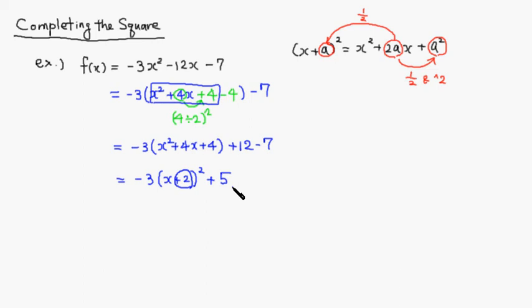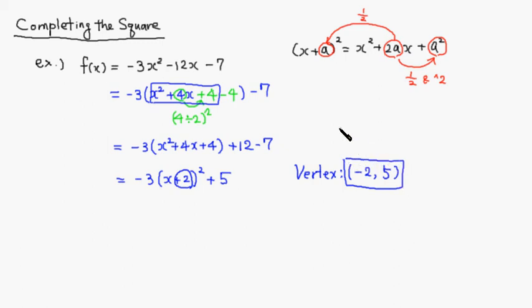So negative 2 will be the x coordinate of the vertex. We have to negate that number to get the coordinate. Plus 5 is just shifting upward by 5 units, so the vertex is (-2, 5).